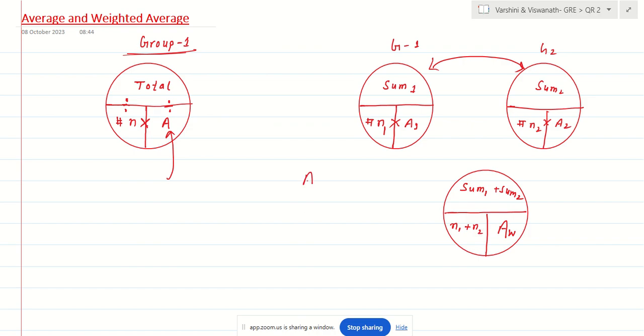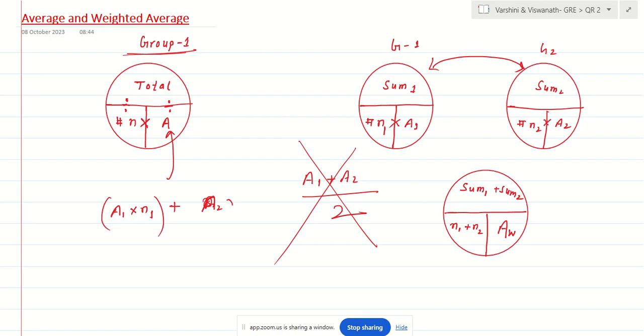Weighted average does not mean a1 plus a2 divided by 2. That is wrong. Many beginners think this way. Weighted average means total summation. Sum 1 is a1 into n1, and sum 2 is a2 into n2, divided by n1 plus n2. That is the weighted average concept.